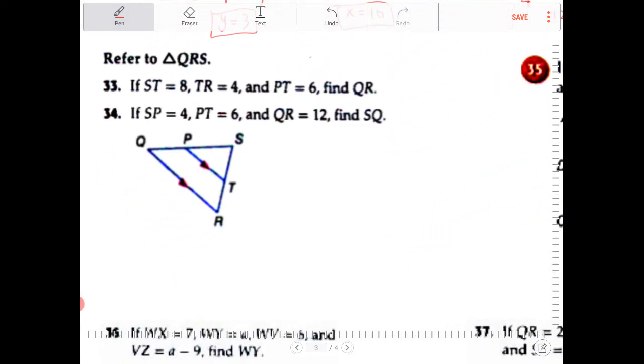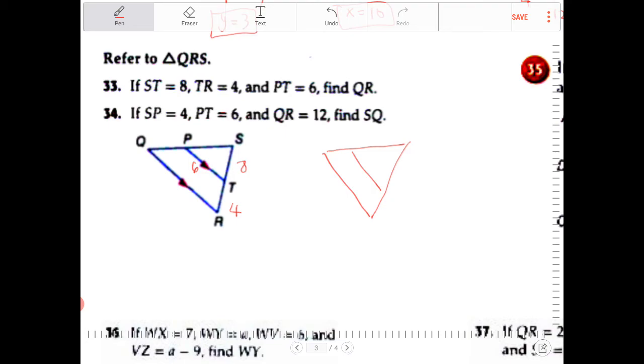Refer to triangle QRS. Okay, for 33 and 34, I want to draw another triangle here for 34. So over here for 33, ST is equal to 8, TR is equal to 4, PT is equal to 6. Find QR.